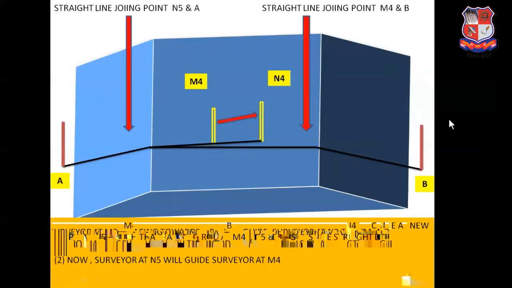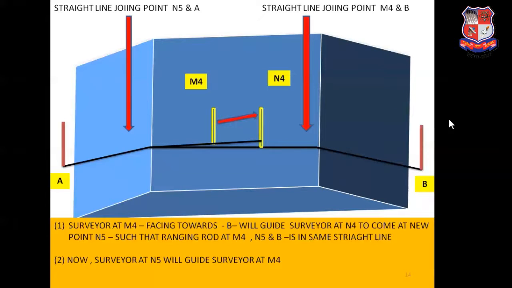The surveyor at M4, facing towards B, will guide the surveyor at N4 to come to a new location N5 in such a way that M4, N5 and B come in the same straight line.